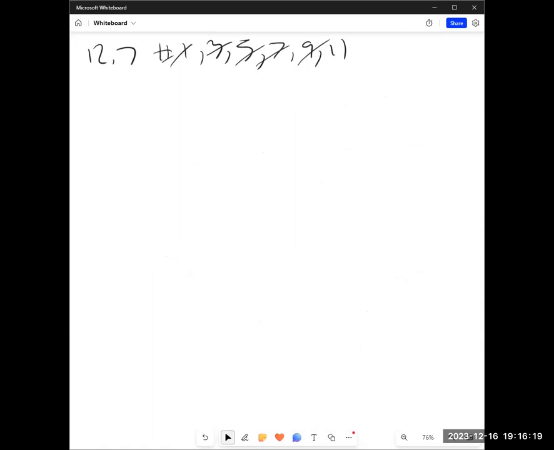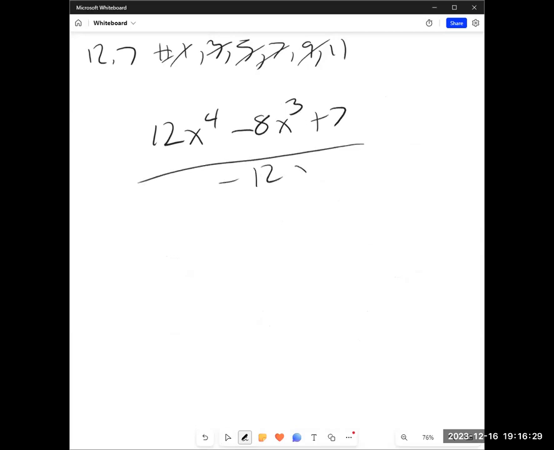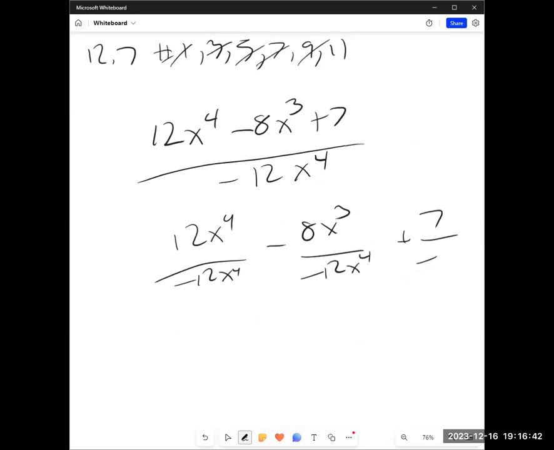Last one in this particular video here. 12x to the 4th minus 8x to the 3rd plus 7 over negative 12x to the 4th. That's 12x to the 4th over negative 12x to the 4th minus 8x to the 3rd over negative 12x to the 4th plus 7 over negative 12x to the 4th.